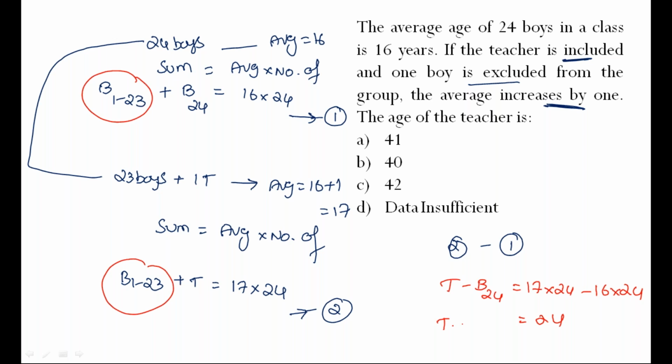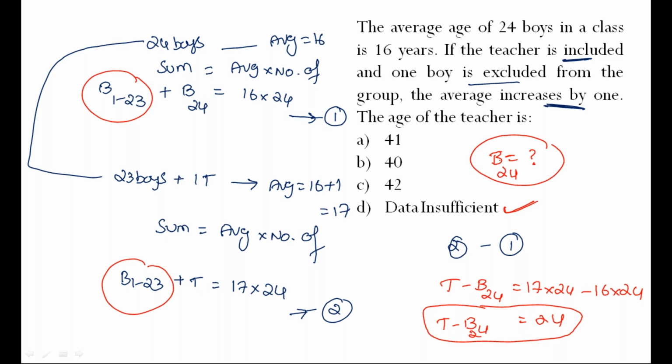But friends, here you can't find the teacher's age, because if you want to find the teacher's age, the excluded boy's age is required. Data insufficient, because you don't know the excluded boy's age. They have to mention the age of the boy excluded. If the age of the boy excluded is given, then only you can find the teacher's age.